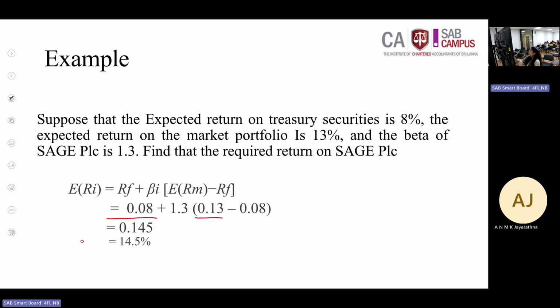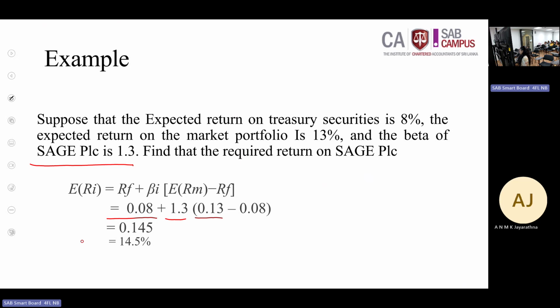And then beta of Sage company. Beta means the systematic risk faced by Sage. How much is it? That is 1.3. You have to find the required rate of return for investors investing in Sage.